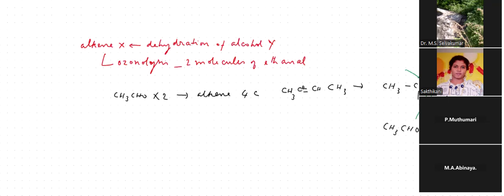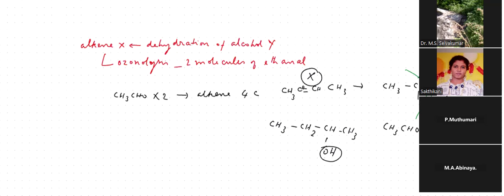So our finding is this is X, the alkene, which is obtained by the dehydration of alcohol. So what is the alcohol? The alcohol is supposed to be CH3, CH2, CH, CH3, OH. So this OH and hydrogen from here will leave and form the 2-butene.